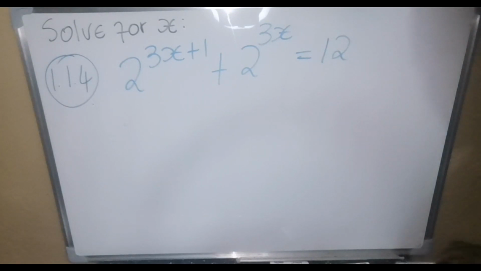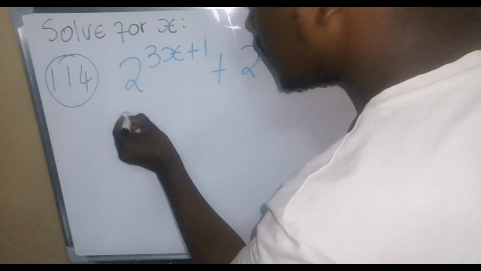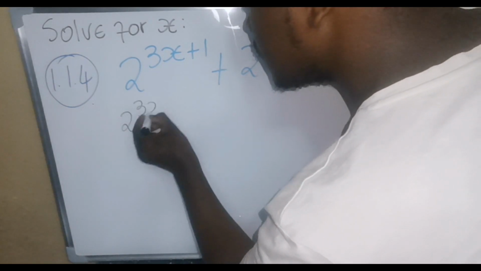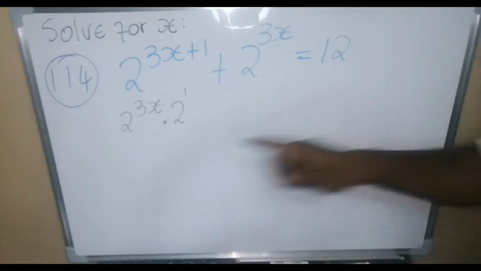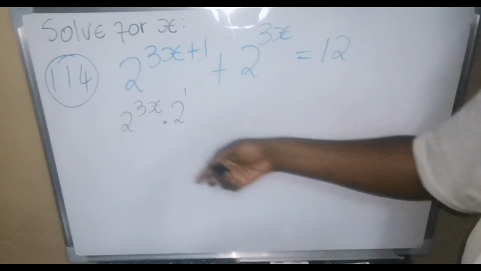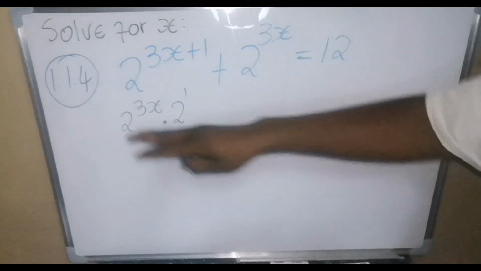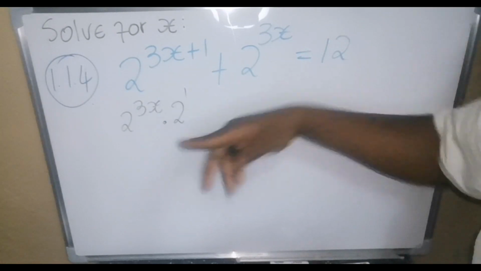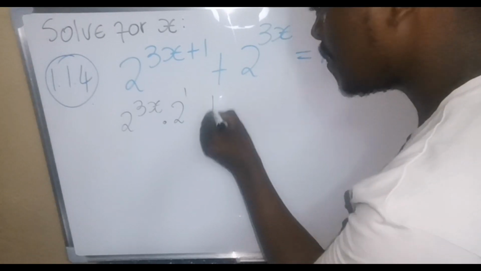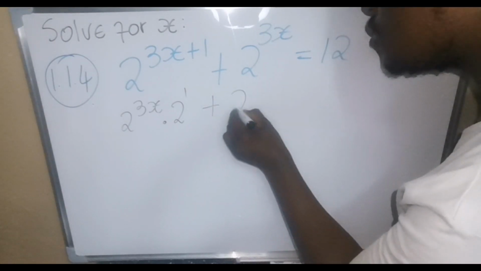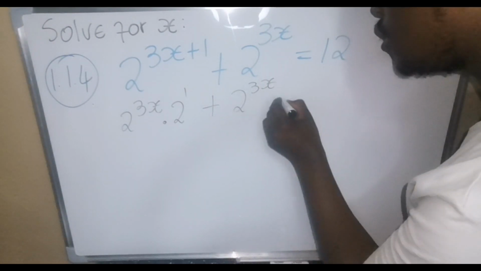Change 2 to the power 3x plus 1 into 2 to the power 3x multiplied by 2 to the power 1. When you multiply the same bases, you add exponents. When you bring it back here, it's going to be 3x plus 1, the same. I just broke it down into smaller pieces, plus 2 to the power 3x equal to 12.